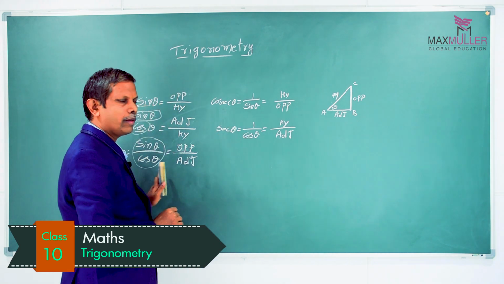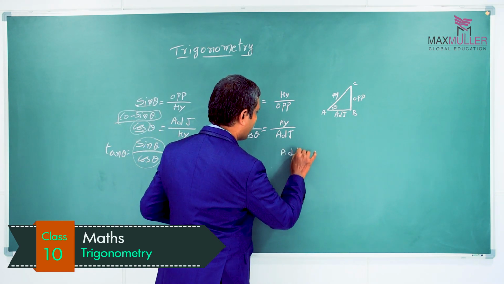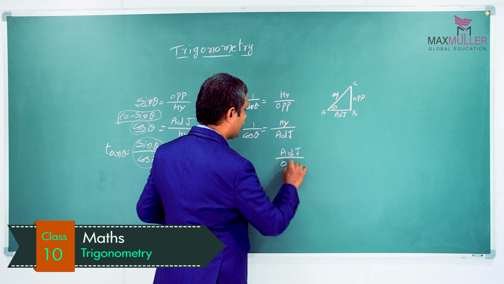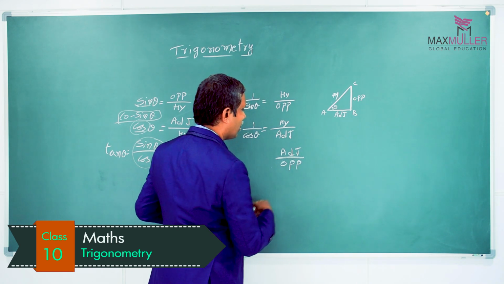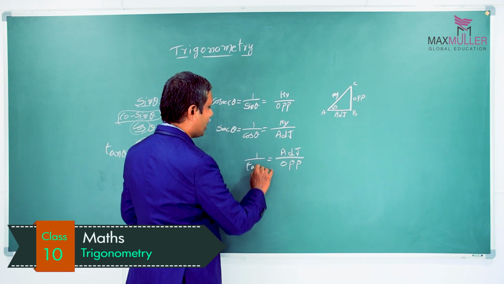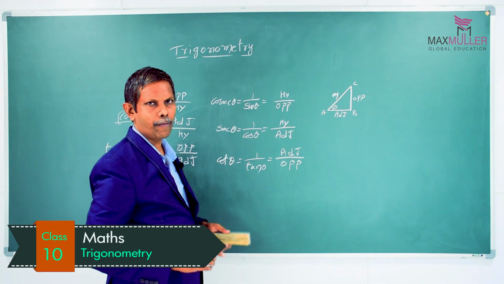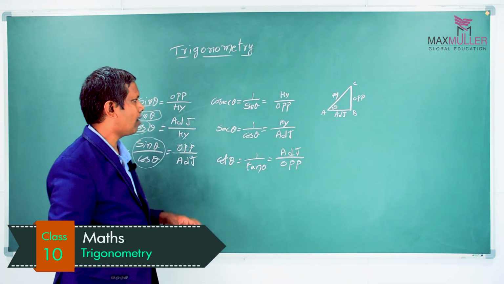And the last one, the reciprocal of tan: adjacent by opposite, they named as 1 by tan, or cot theta.